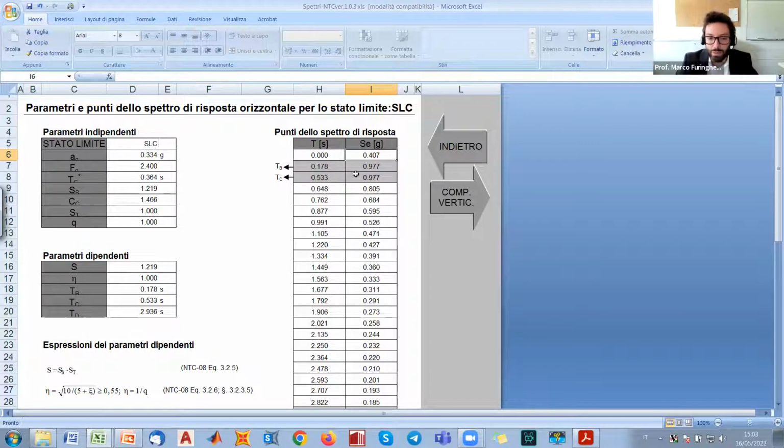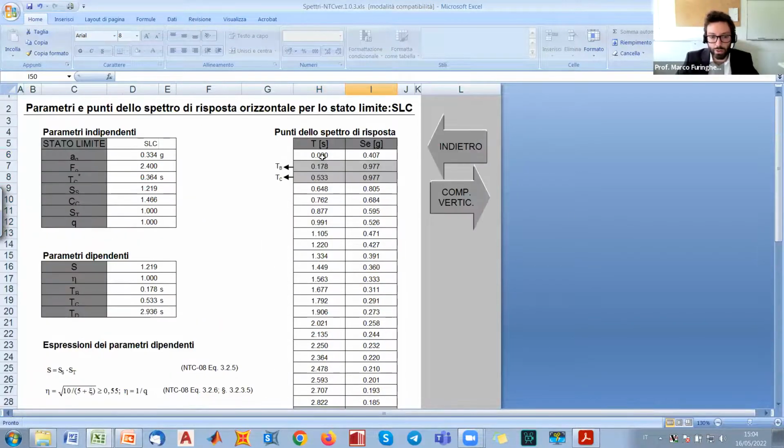So remember that whenever you see a table of the response spectrum with G units, you have to multiply those values by the gravity acceleration in order not to have mismatching results with respect to what you are initially guessing.